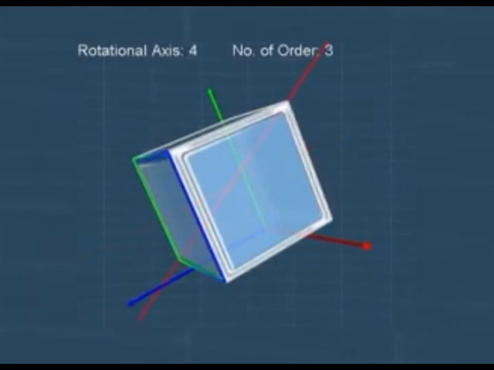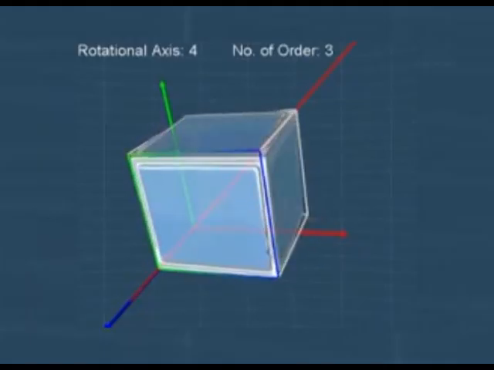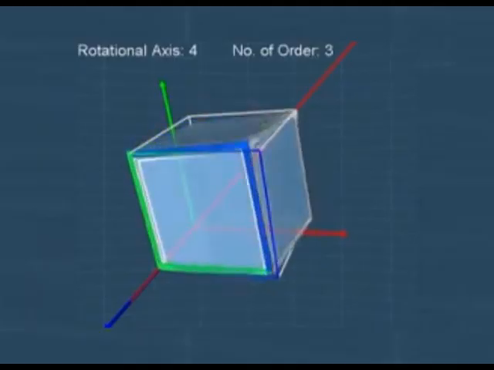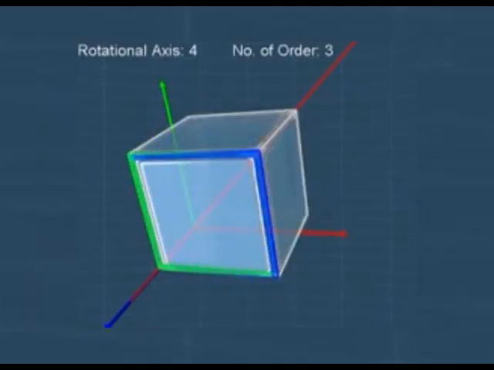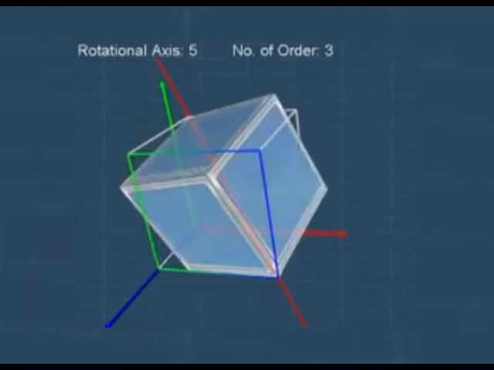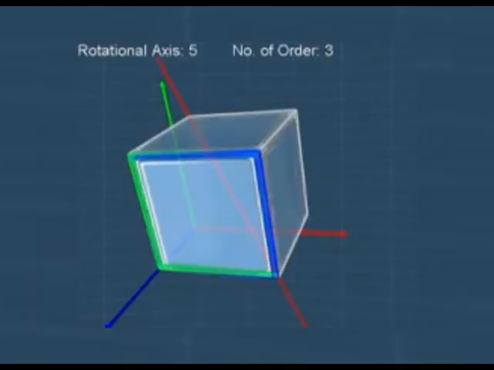For the fourth axis, this axis has the order of 1, 2, 3. The fifth axis has the order of 1, 2, 3.